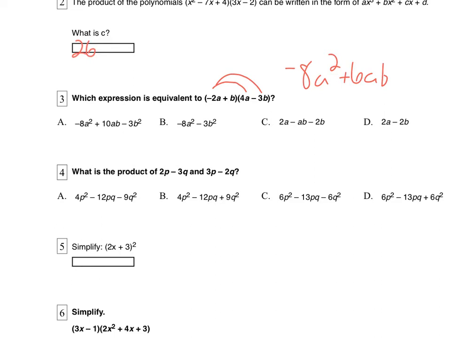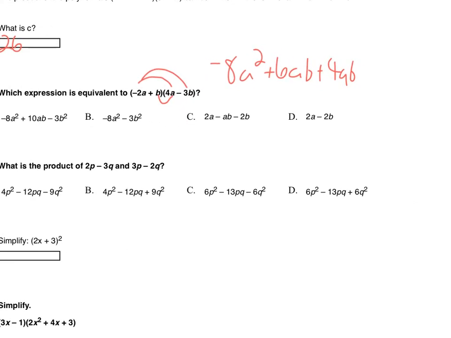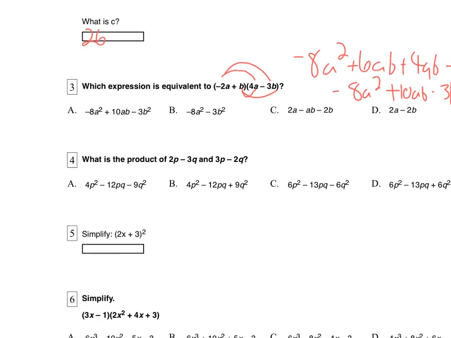And then b times 4a is 4ab. And then b times negative 3b is a negative 3b squared. Combine like terms, and we get negative 8a squared plus 10ab minus 3b squared, which gives us a as our answer.